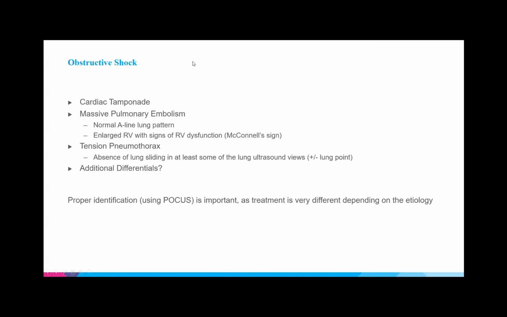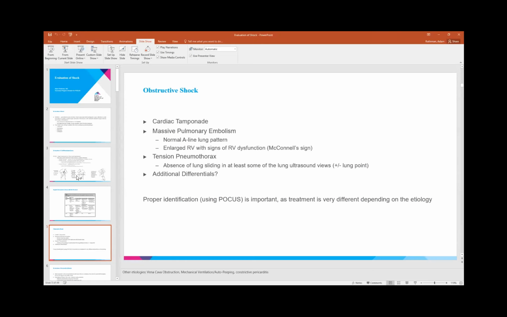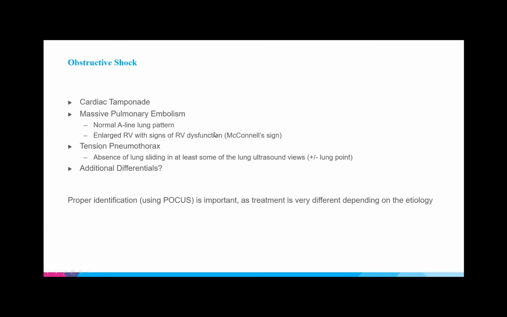So, any other causes of obstructive shock that you guys can think of? I guess it's a difficult one. No one is attempting. So the main thing to worry about is something like constrictive pericarditis, which is kind of an overlap of something like a cardiac tamponade or pericardial effusion.